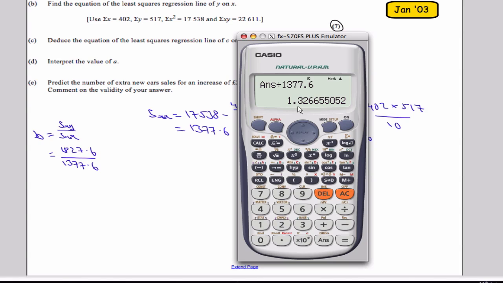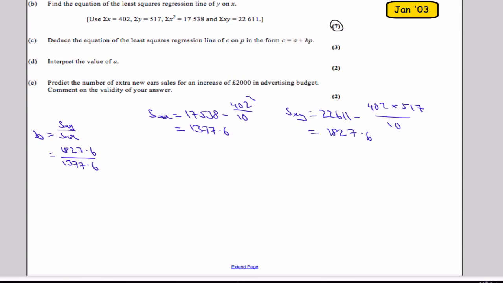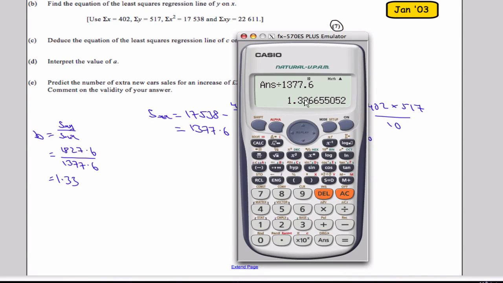Let's go to 3 sig fig: 1.33. In fact, I want to keep this as accurate as possible because I'm going to use this to calculate A. I'll leave that in the calculator for now.